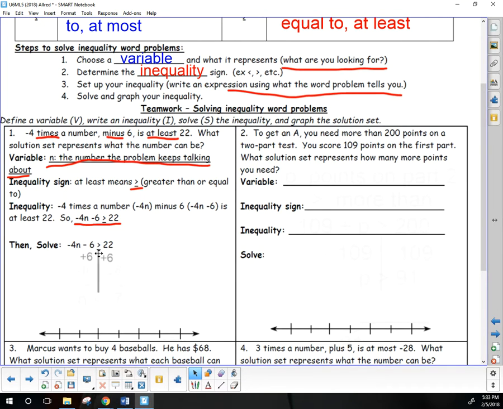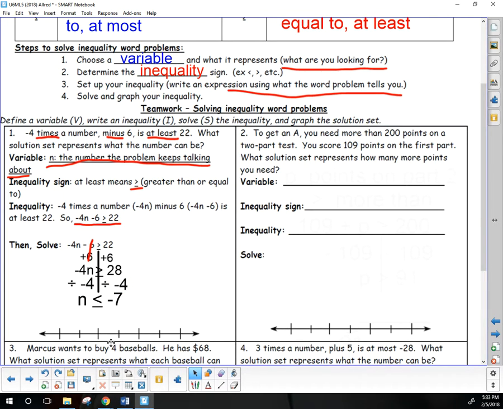I'm going to add 6 to both sides of the greater than or equal to sign, and 22 plus 6 is 28. Then I'm going to cancel out the 6's because I just added to subtraction, and I'm going to divide both sides by the -4 in front of the n. 28 divided by -4 is -7, and then the -4's are going to cancel out. Since I divided by a negative, that means I need to flip the inequality sign. So that's what I did. Then I'm going to graph it on a number line.